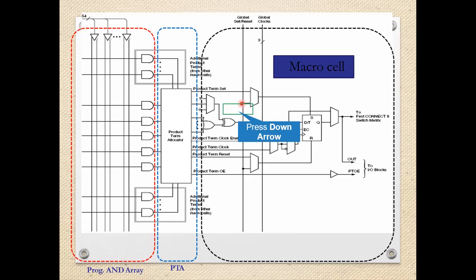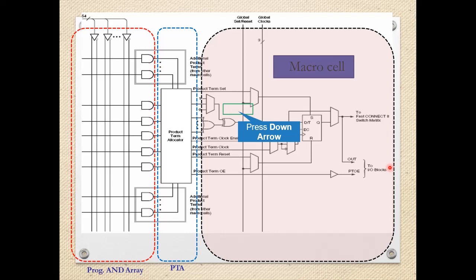Through this product term allocator, the particular product terms will be collected from this array of AND gates, and then allocated and given to the next block, that is called the macro cell. In this macro cell we can see some multiplexers and the flip-flop, and the outputs are going to the IO block.